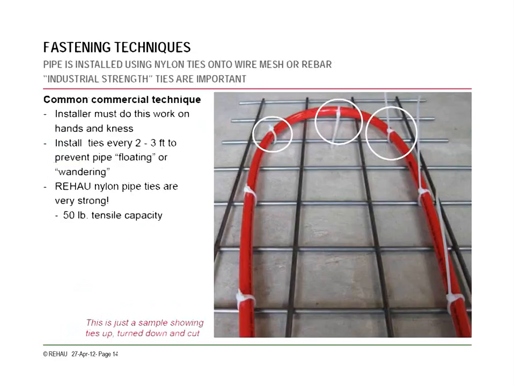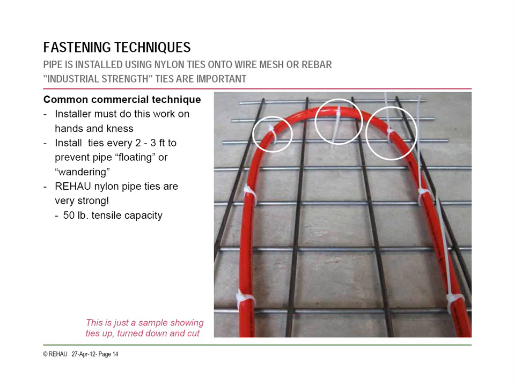All right, fastening technique. The first and probably most predominant would just be to use nylon ties to the wire grid that the concrete's getting poured into. This is obviously probably the most cost effective. It is a little time consuming and you have to be down on your knees working with it, but it's definitely tried and true, a cheap and easy way to do it.